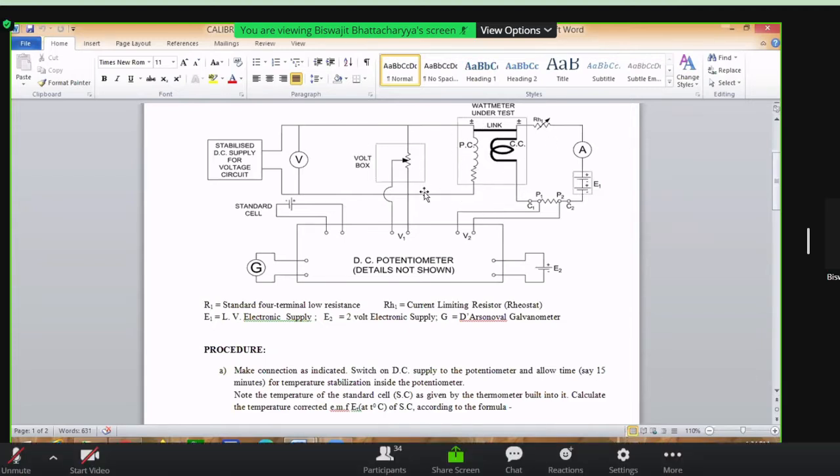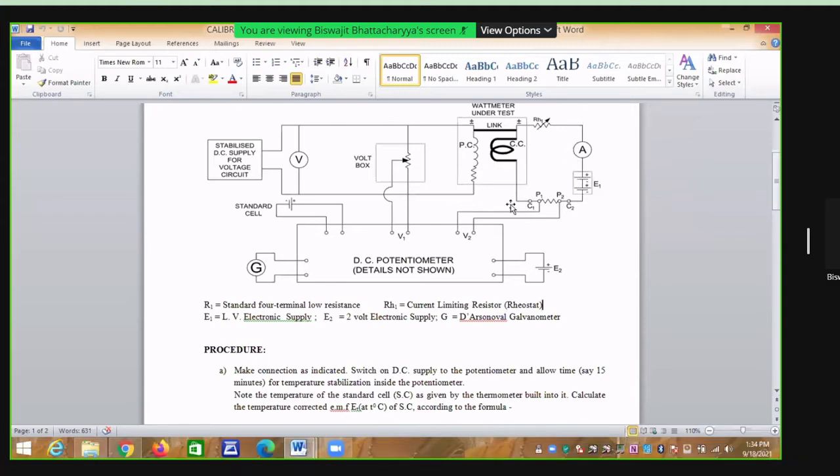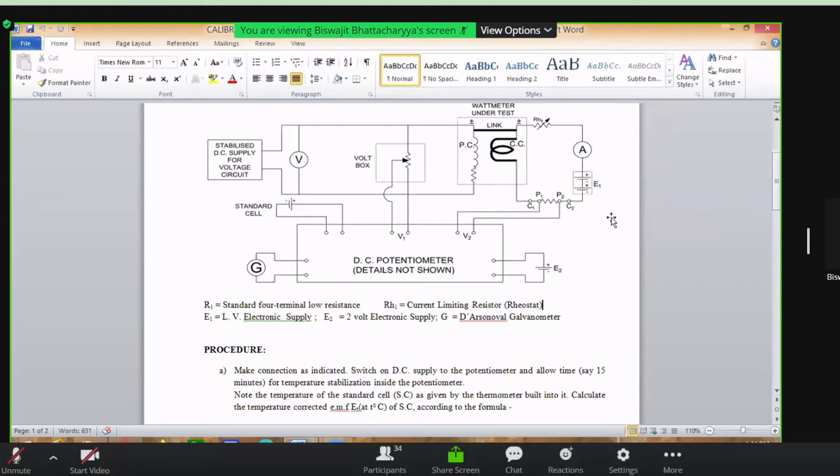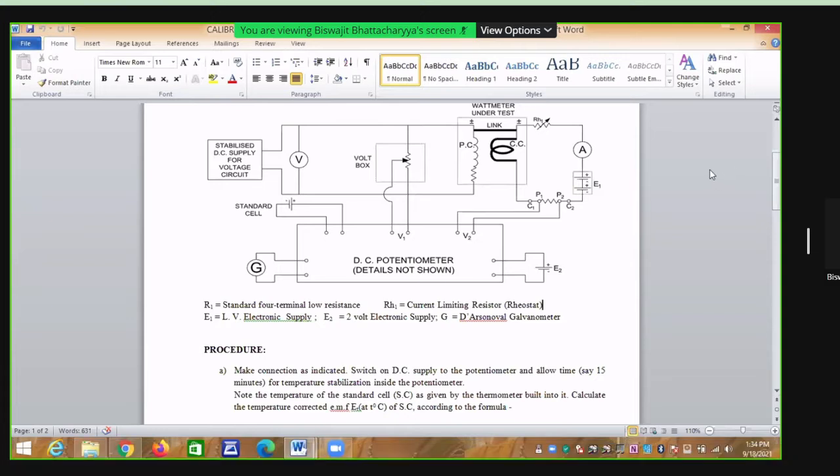Pressure coil is having hundreds of volts and current coil is having very small voltage. So there is a large potential difference between pressure coil and current coil. So some electrostatic force will come between them, and that will act either against the deflecting torque or along the direction of the deflecting torque.